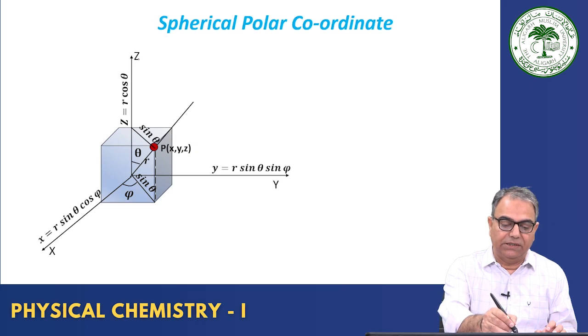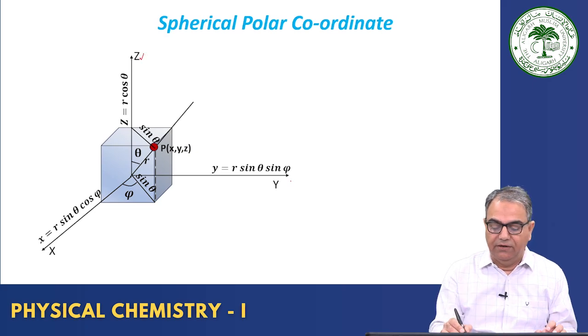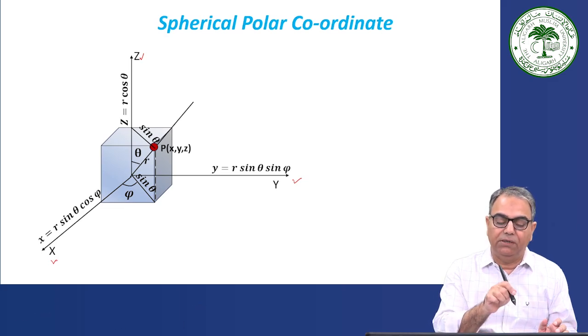This is your Cartesian coordinate: the z axis is here, the y axis is here, and the x axis is here. The plane of the board is the YZ plane, and the x axis penetrates this plane, above the board and below the board.